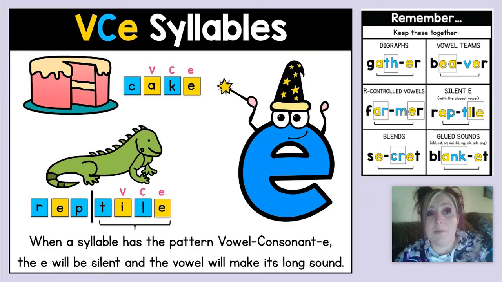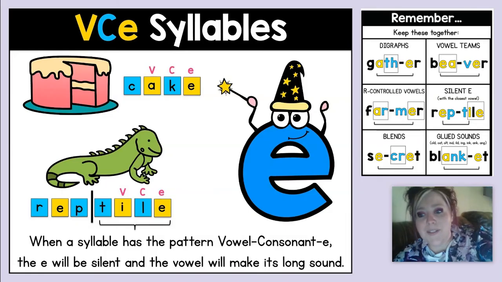Okay, next, moving on, we have our silent or our magic E. Remember when we had our little wands out and we added it to it and we made that little magical sound? That magic E is silent, but it gives the power to the vowel and it makes it say its name. And so just like we did in class, we have to make sure that we keep it all together.